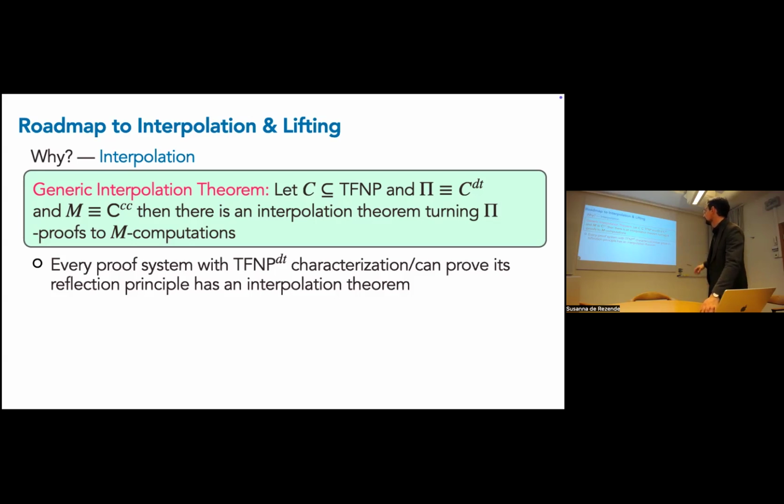You can combine this with the earlier result I mentioned, that basically every proof system that can prove its own reflection principle has a characterizing TFNP class, to get a generic interpolation theorem for all of these proof systems.